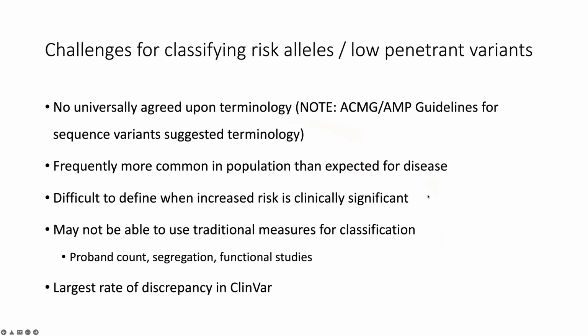So in the introduction, before we start the slides, I introduced some of these challenges. So there's no universally agreed upon terminology. The variants are frequently too common, so thus they can get a benign classification. And you know, the criteria that we use for classification in our high penetrance system oftentimes fail.